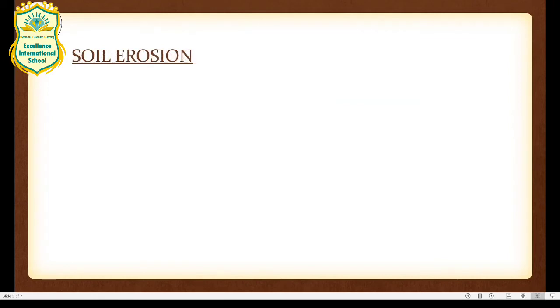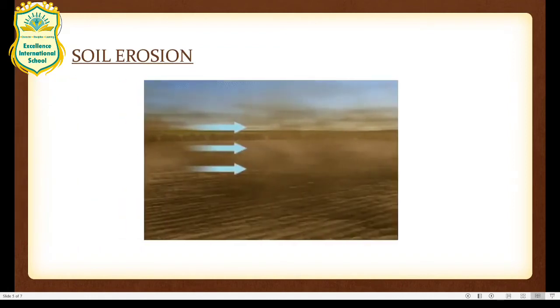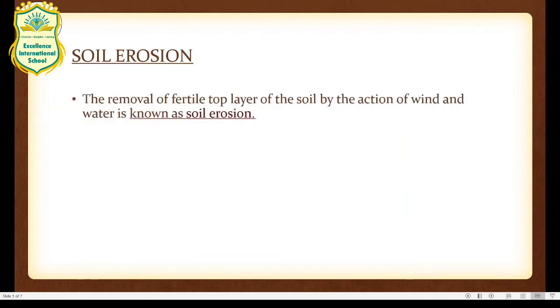So as I mentioned, the rocks were taken away by the river or by wind. So if rocks can be taken away, even soil can be taken away, right? Like this, soil is very fine powder and it can certainly be taken away, and this is known as soil erosion.